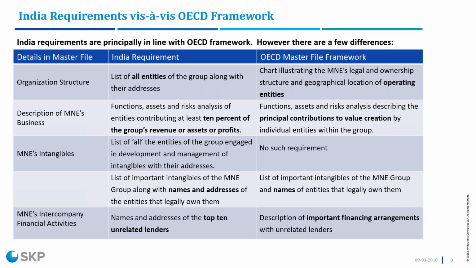The OECD provides that the FAR analysis has to be there for the key entities within the group, whereas the Indian requirement is that FAR analysis has to be there for entities which contribute 10% of group revenue, assets, or profits. So that's one of the major differences.